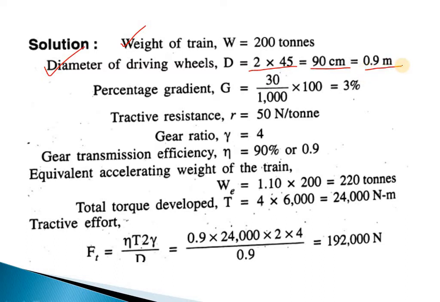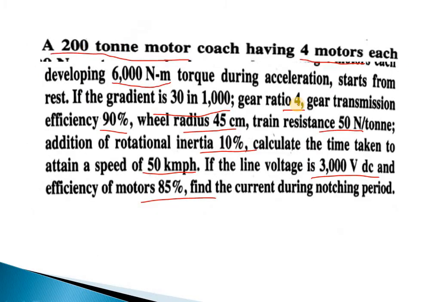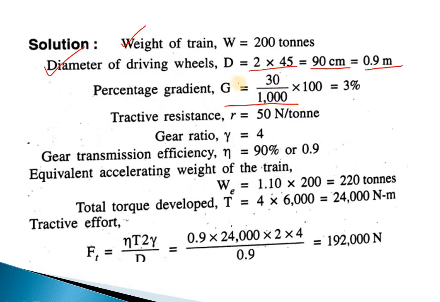Second, the percentage gradient. In the question the gradient is given as 30 in 1000, so the percentage gradient is 30 divided by 1000 into 100, that is 3%.